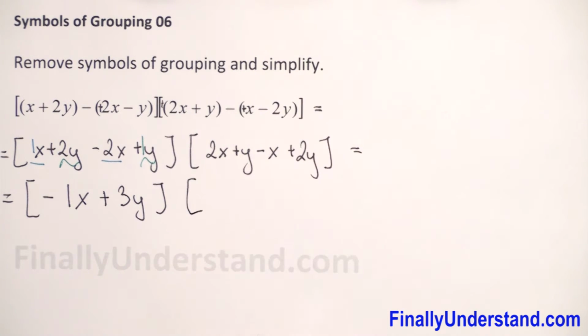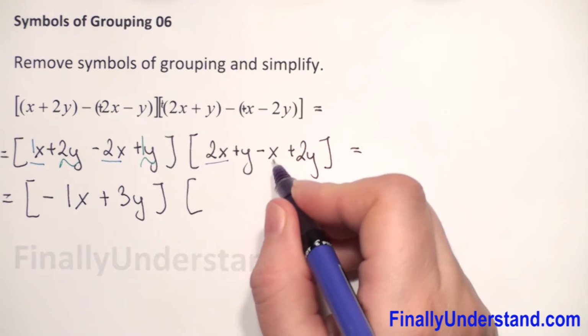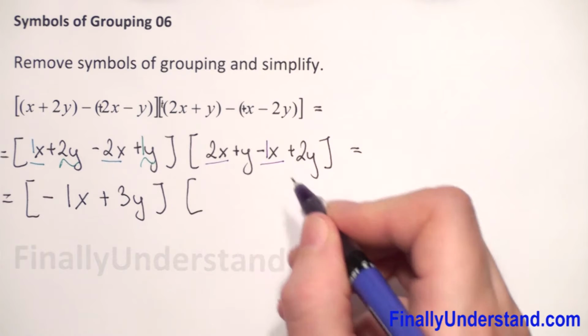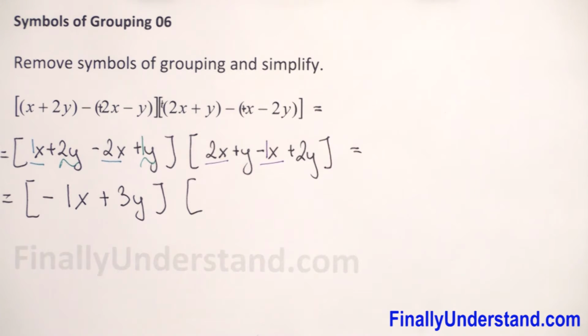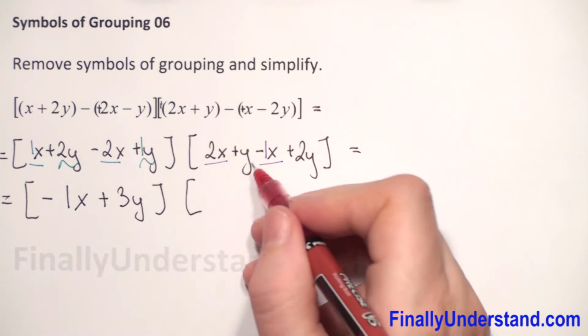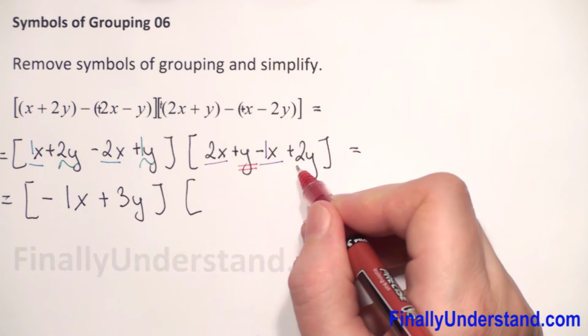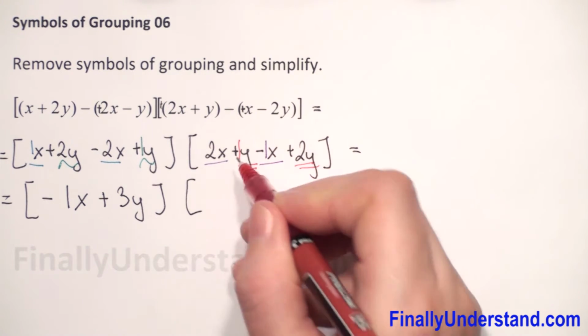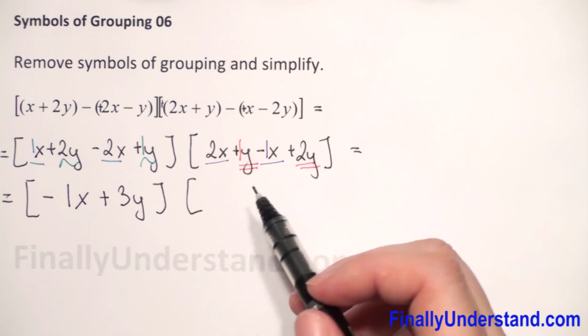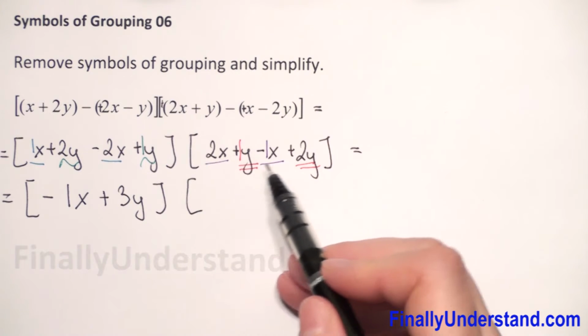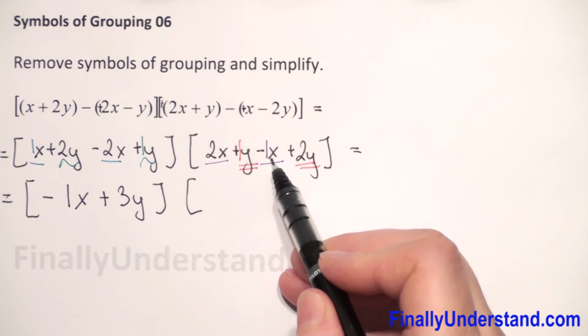In the second brackets, we have also the like terms. We have 2x and negative 1x, invisible 1 we have when we don't have coefficient, and we have y and 2y, invisible 1. So now, first we have 2x and negative 1x.